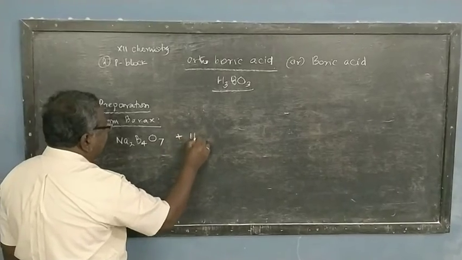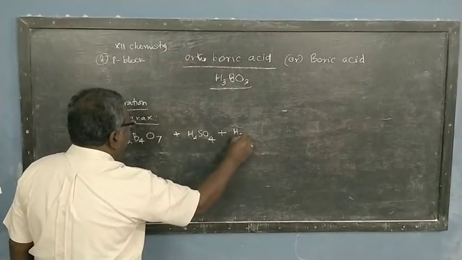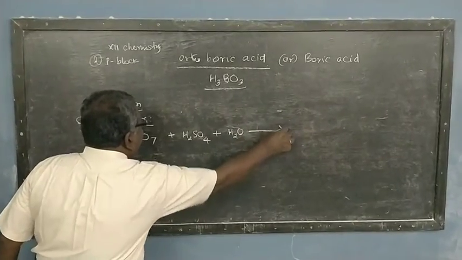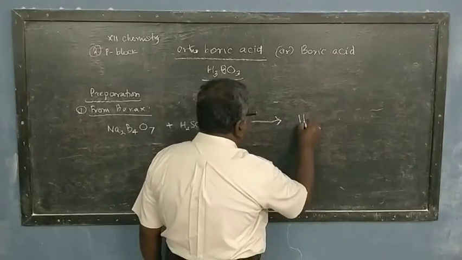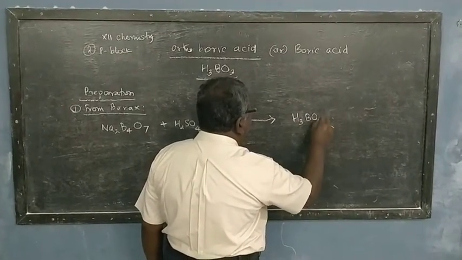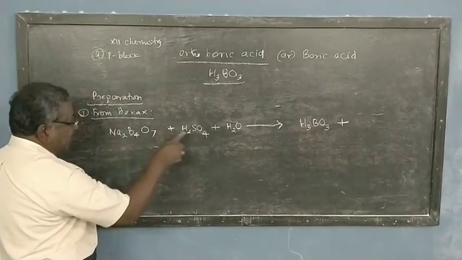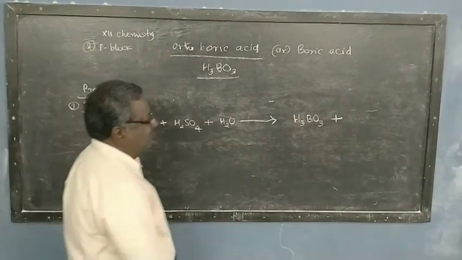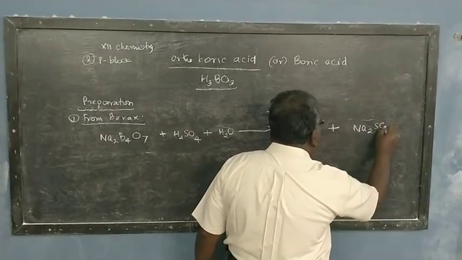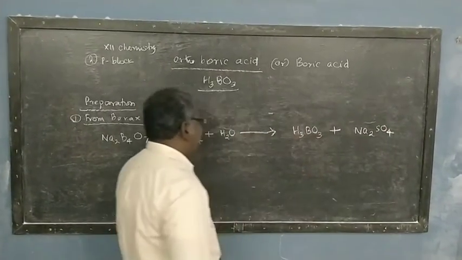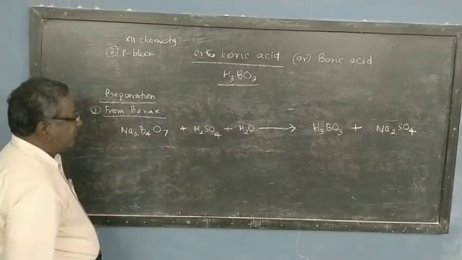This is to be boiled with sulfuric acid in the presence of water. So these are the reactants. Then the compound that is formed here is boric acid. And what is happening to sodium and sulfate is the next question. It becomes sodium sulfate. So that is the product here, right? So boron becomes boric acid, sodium becomes sodium sulfate.